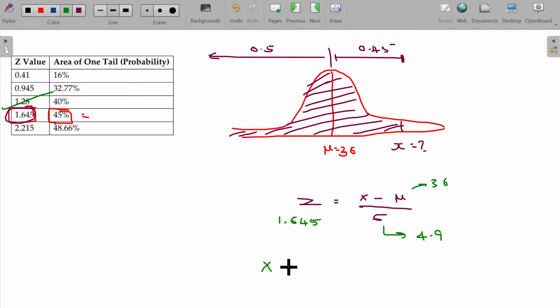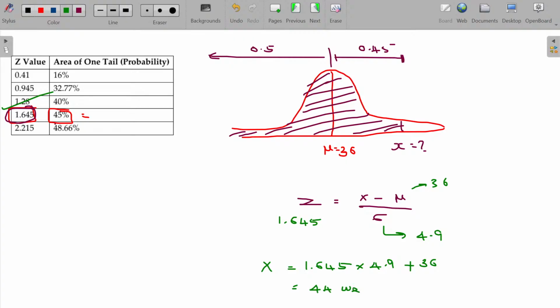So x is equal to 1.645 multiplied by 4.9, which goes to the other side as a multiplication. From there you add the mu, in this case 36. No, this should be plus, right? Add. Total time is 44 weeks.